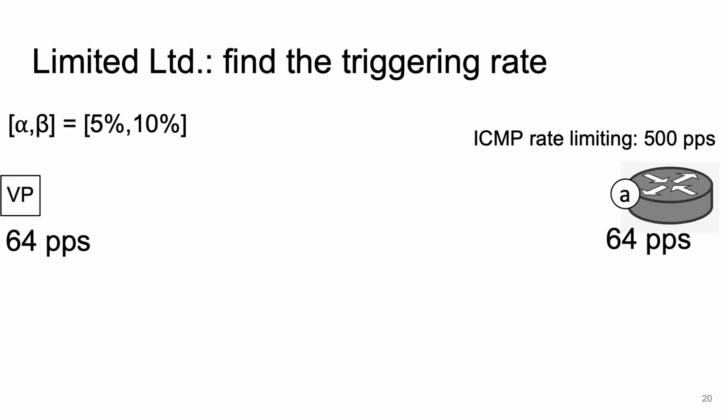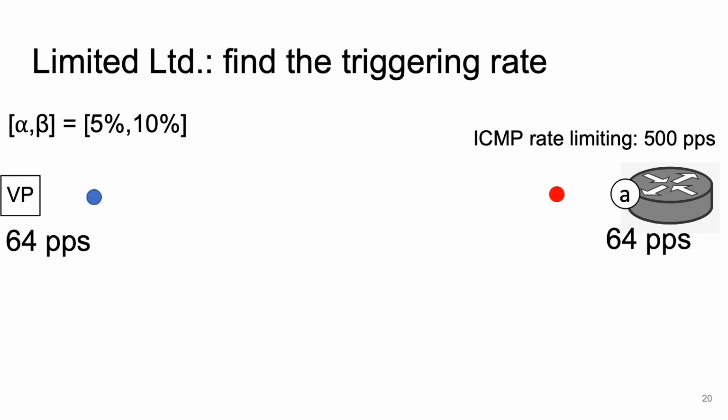Here the setup is the same as before, except that we have added the target loss rate interval information in the top left corner. We start by sending 64 packets per second, because below this threshold we haven't found any router performing ICMP rate limiting in our study.